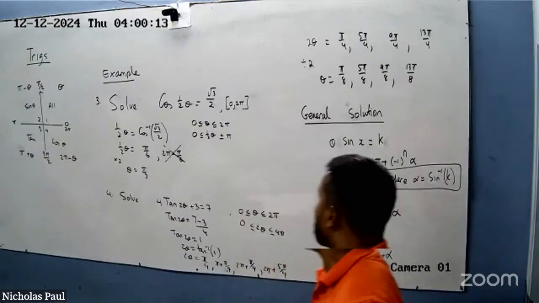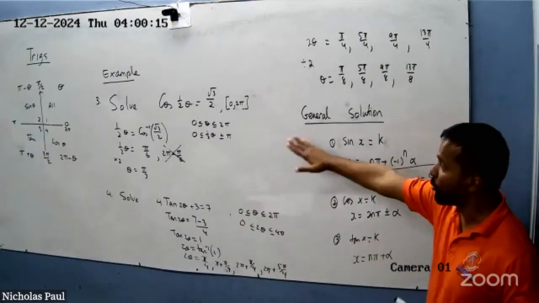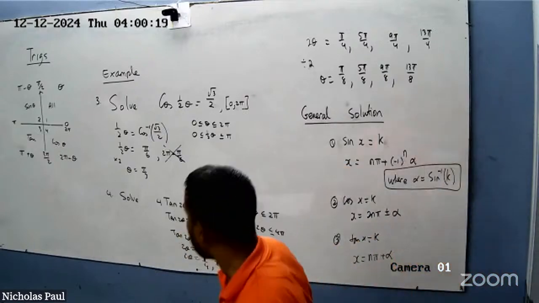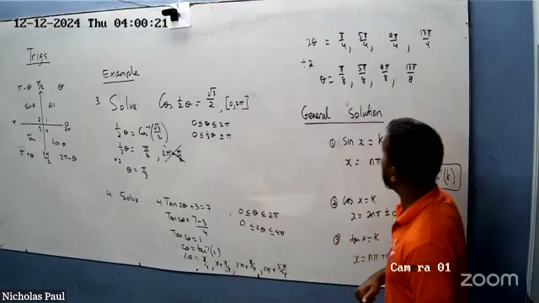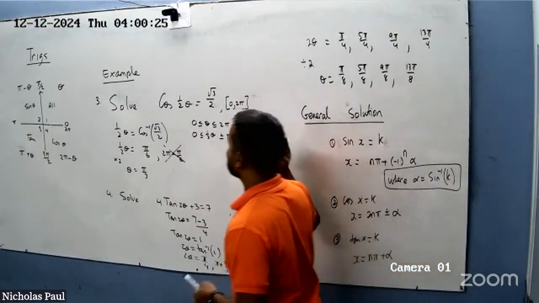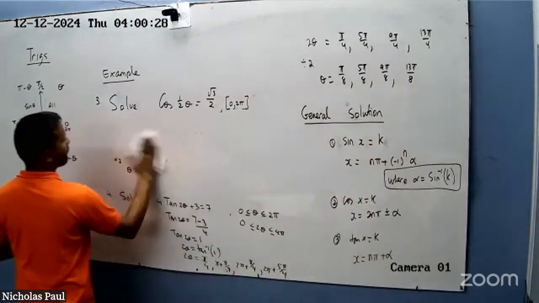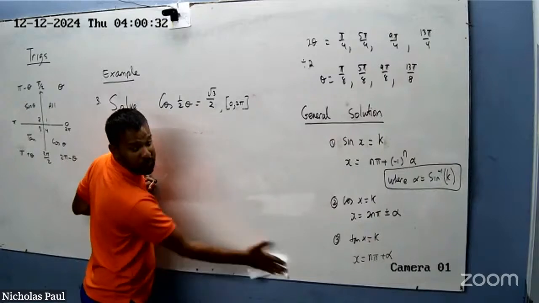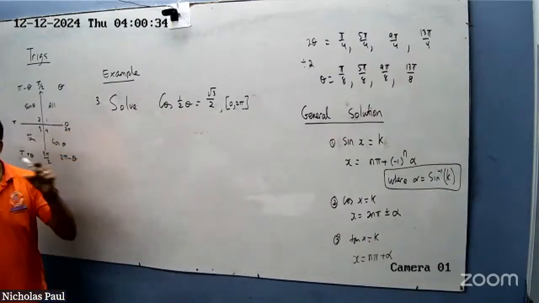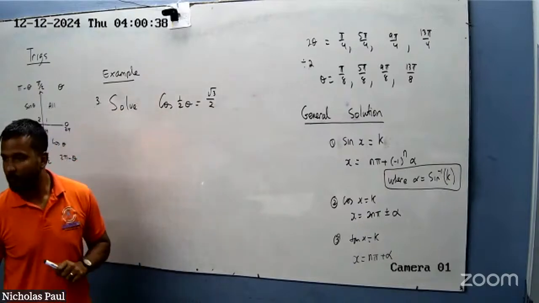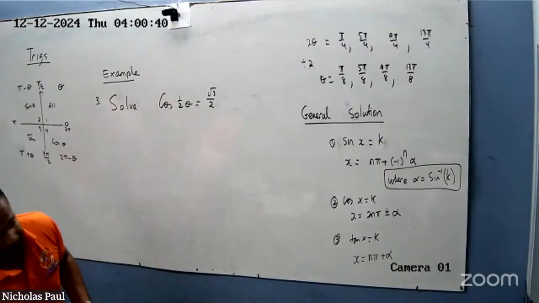How do we use these rules? Let's go right back here and use it. I don't want to write all these, I only have one value here. When you see a general solution question, it will say write the general solution, and the range doesn't really matter.